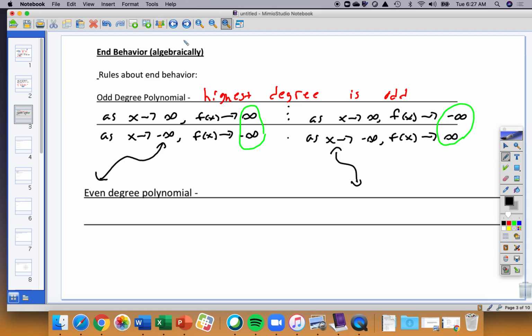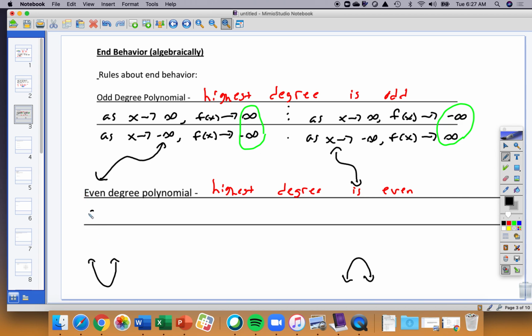Then an even degree polynomial, well, this is where the highest degree is even, and this is where my end behavior goes in the same direction. So it could be like this, or it could be like this. Those are my two options, really.